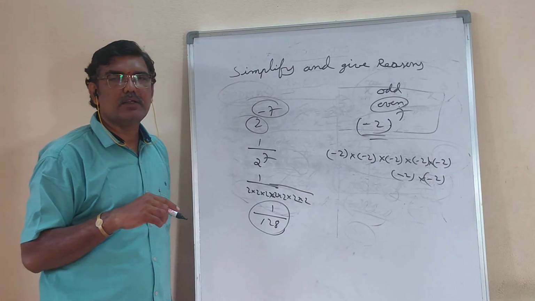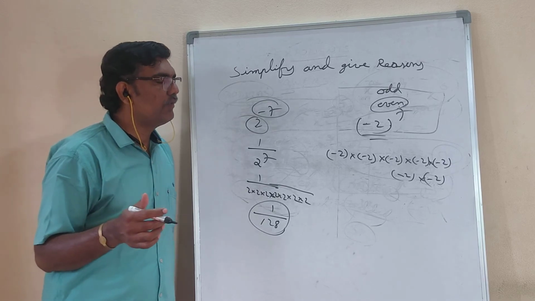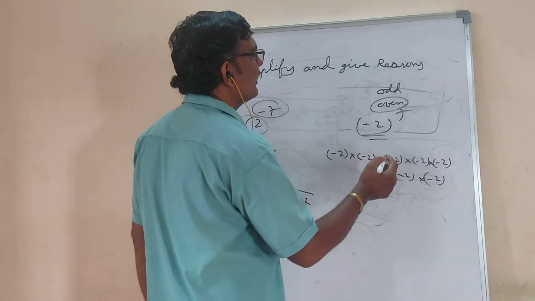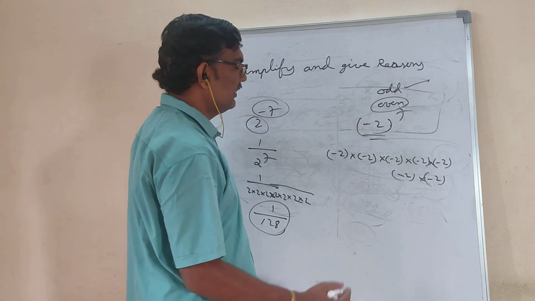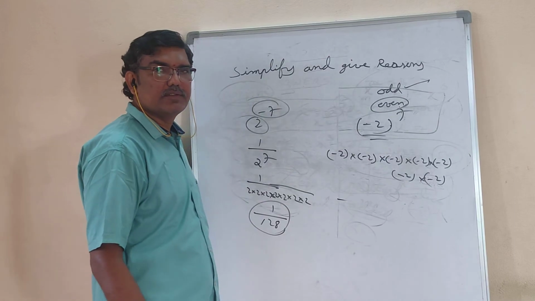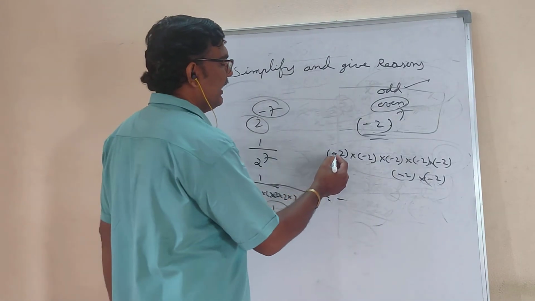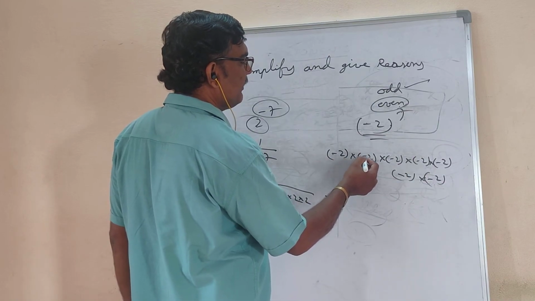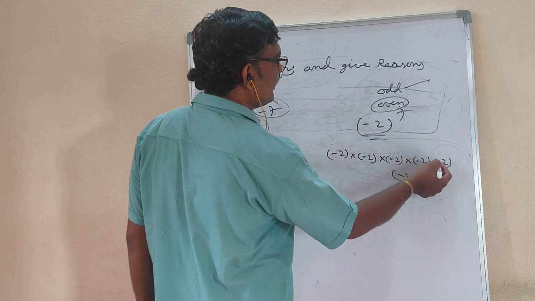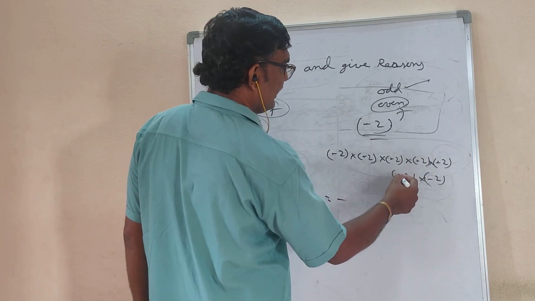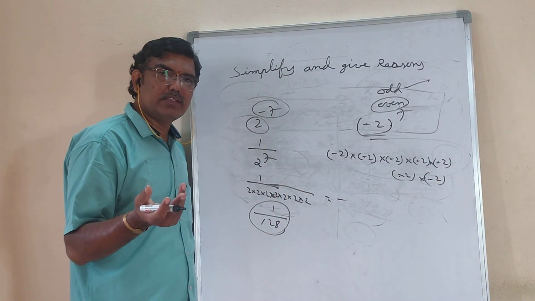What is the power here? 7. If you read the 2 table, will 7 come? No. Therefore it is an odd number. If the power is odd and the base is minus, the answer is also minus. How do you get it? Minus into minus is plus, plus into minus is minus, minus into minus is plus, plus into minus is minus. At last you get minus only.